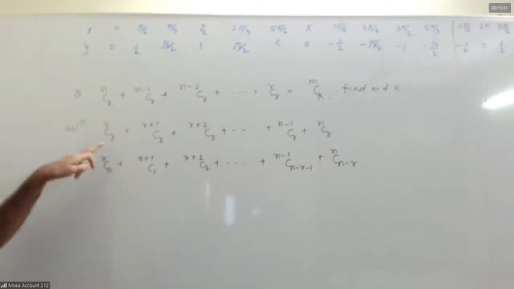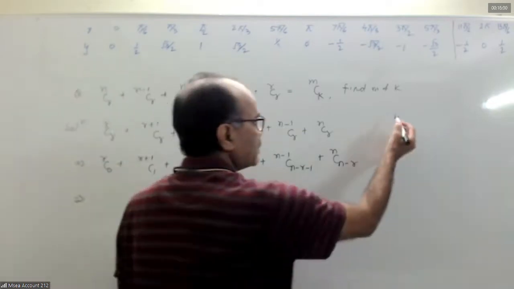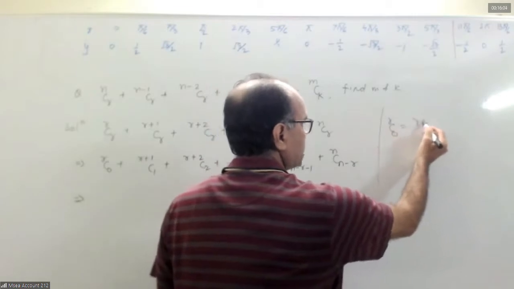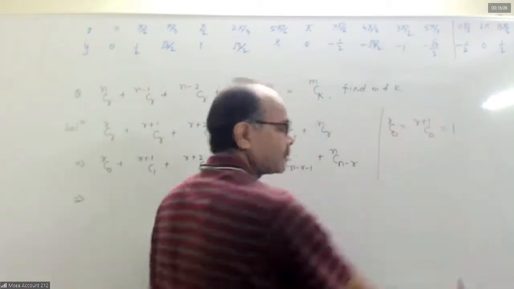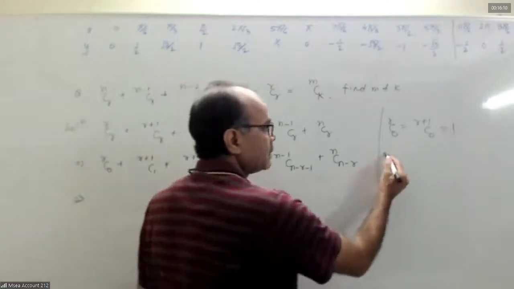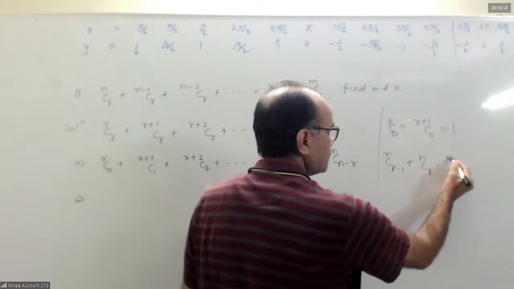So using the result NCR equal to NCN minus R. After that, RC0 is 1. See, RC0 equal to R plus 1 C0, both the values are 1. So that we can use the result NCR minus 1 plus NCR equals how much?